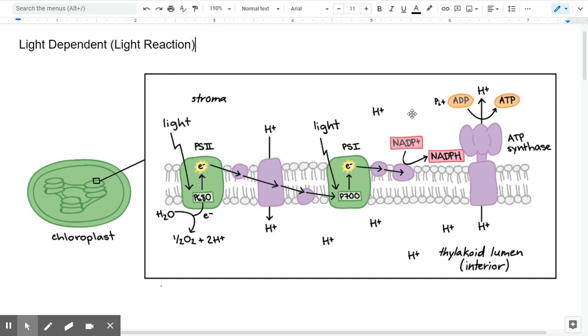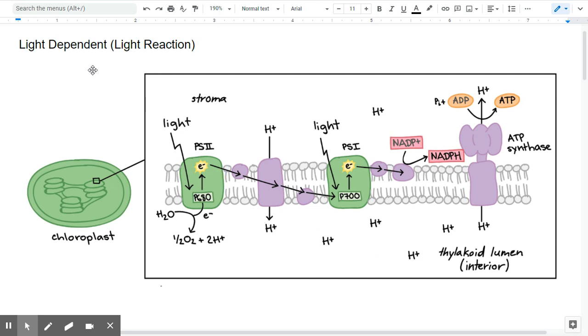So this is a close-up of the membrane and what's happening outside of it, which is the stroma, and then inside here leads to the thylakoid lumen, or the thylakoid space.